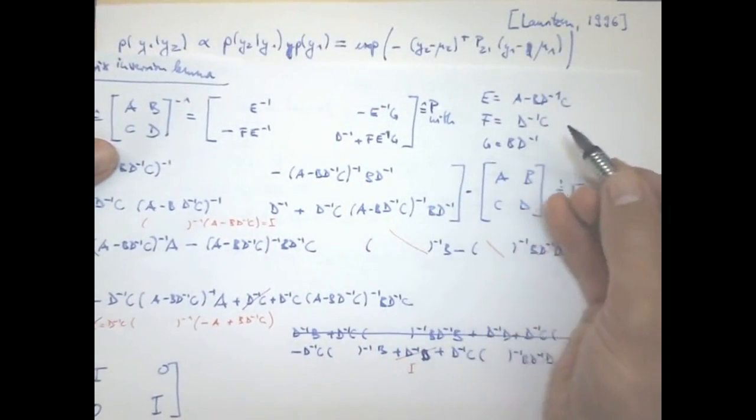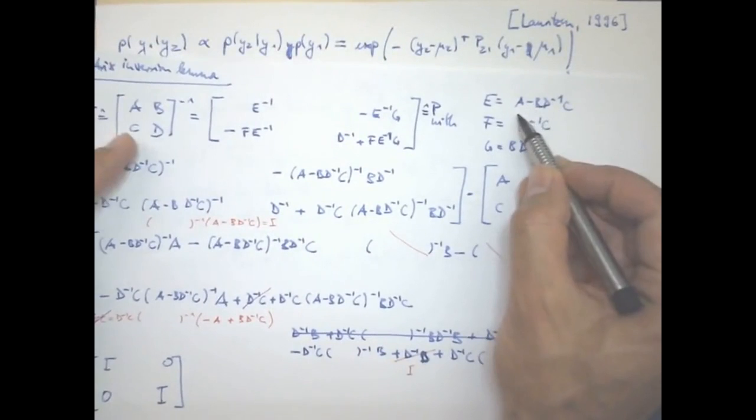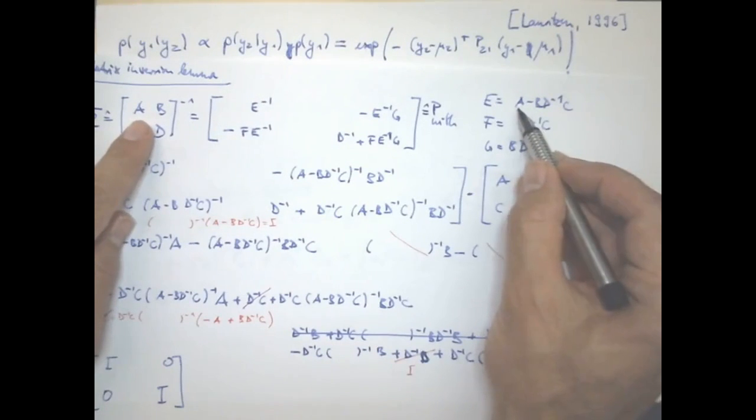So A would be sigma 1,1, B would be sigma 1,2, and so on.